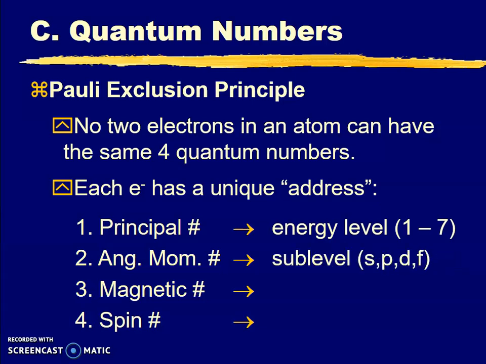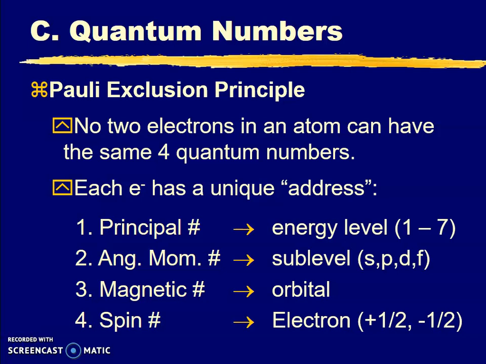The angular momentum number gives you your sublevel, so that gives you the shape of the orbital, S, P, D, or F. The magnetic number is the specific orbital and orientation, and the spin number is this particular electron. So that's rounding up those 4 numbers. This is boiling it down to what those 4 numbers tell you. That means that for every single electron we can give particular information.